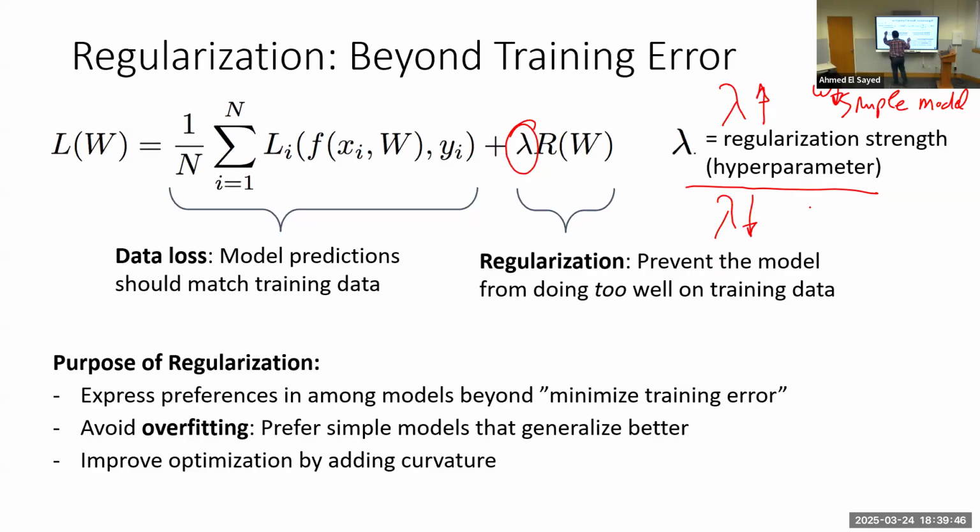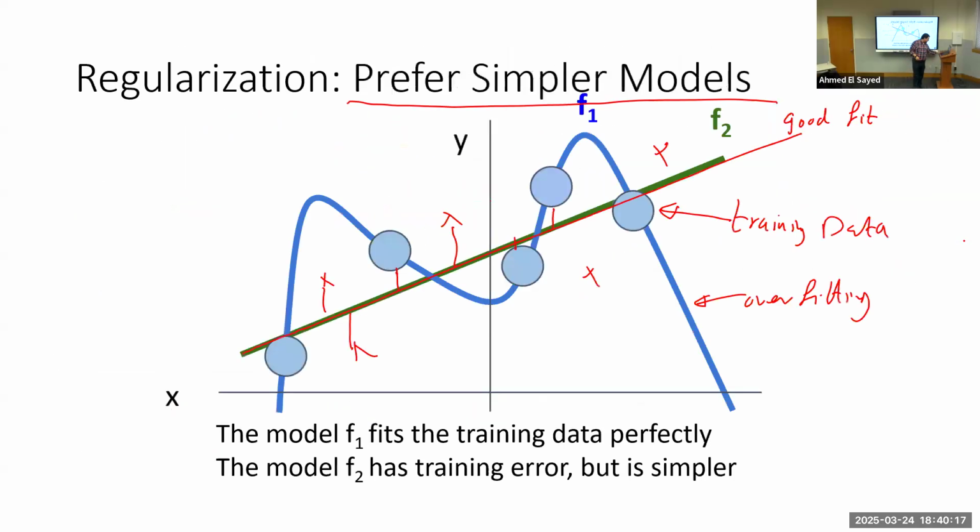So the value of W will be bigger and the model will be more complicated. So this lambda is my key point as a designer to make the model simple or complicated. At bigger lambda, I'm simplifying the model. Reduce the lambda, the model will be more complicated. Okay?